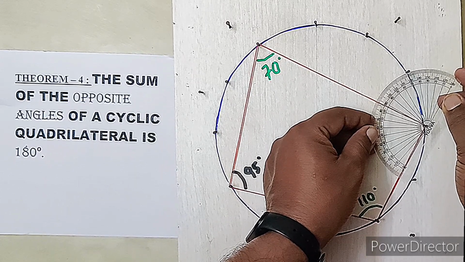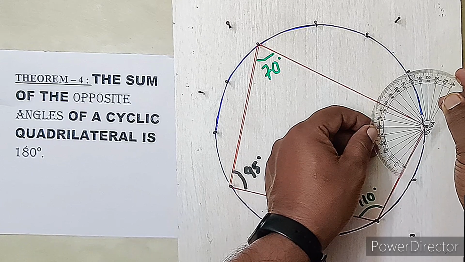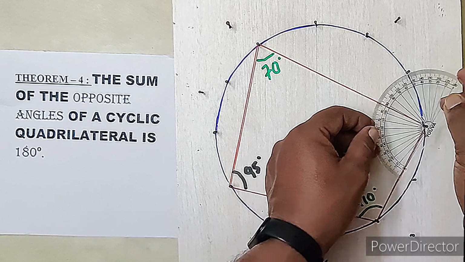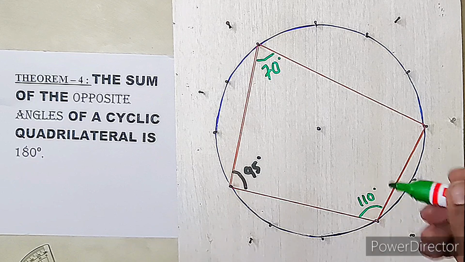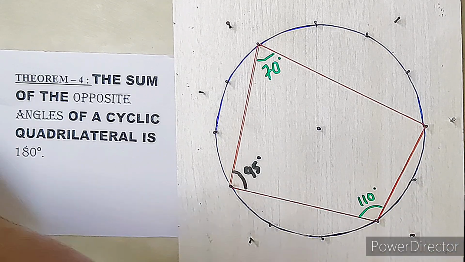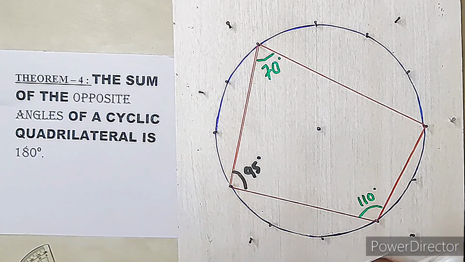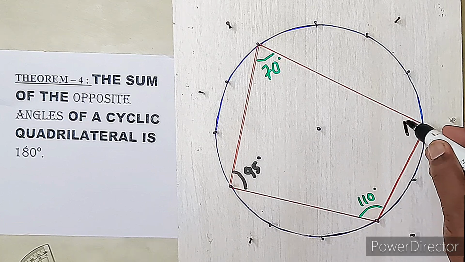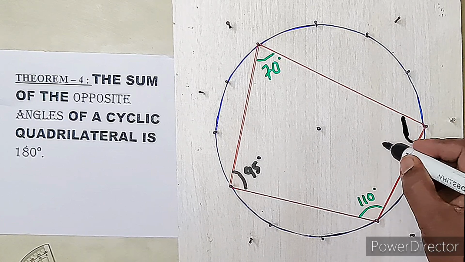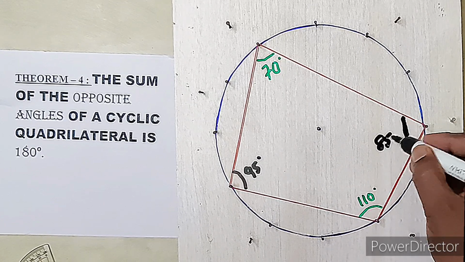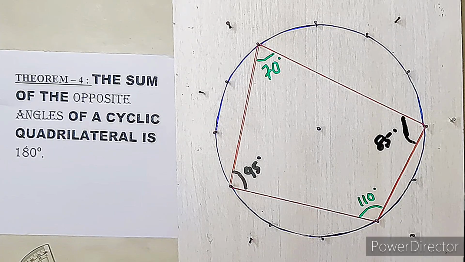Now when placed properly, you can see it is coming to as 85 degree. Okay, so 95 and 85, if you are adding it up, you are getting it as 180 degrees. So this verifies this theorem. Hope you have liked it and it's making it better for you to understand it.